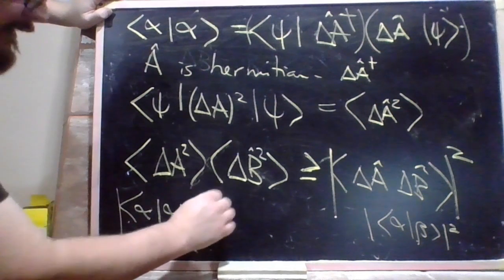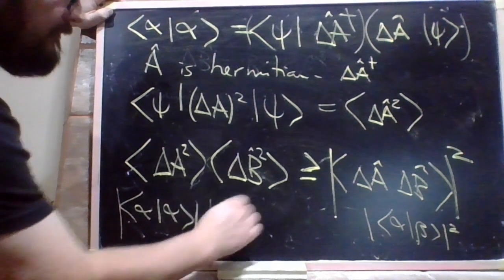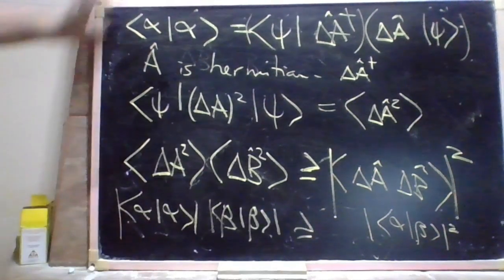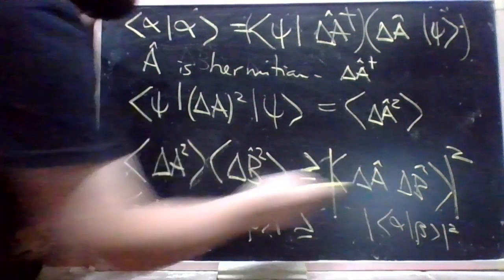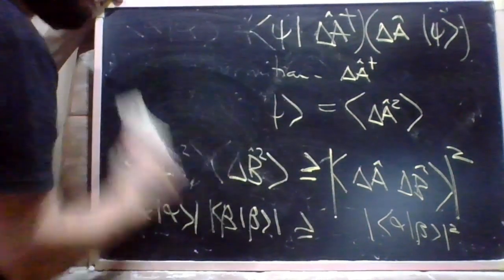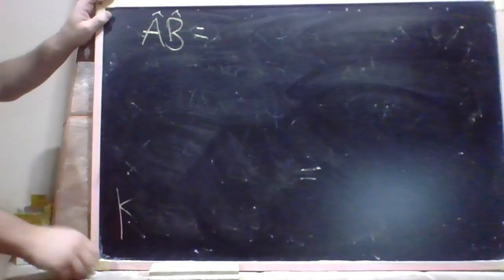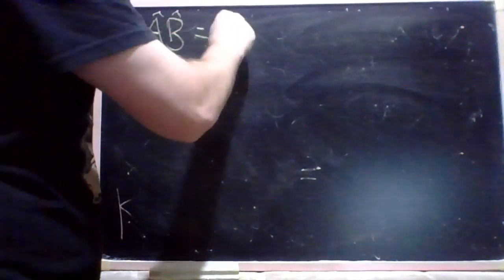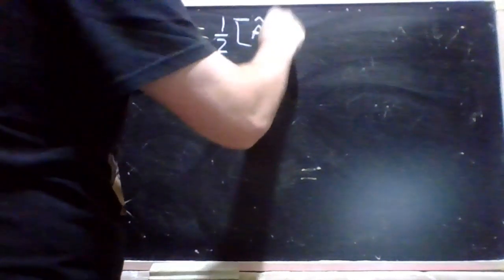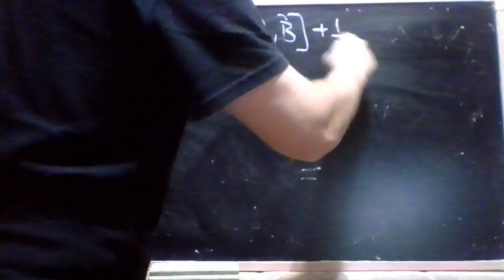So these are the projections, the Schwarz inequality. And this thing here, for any matrix product, whatever you want, A and B multiplied in this order, you can always write AB as half of the commutator plus half of the anti-commutator of these two objects.